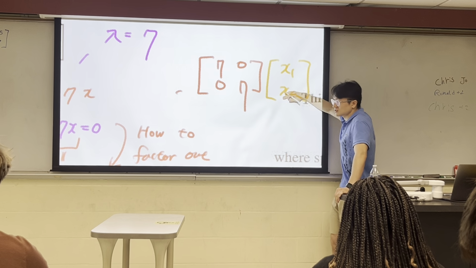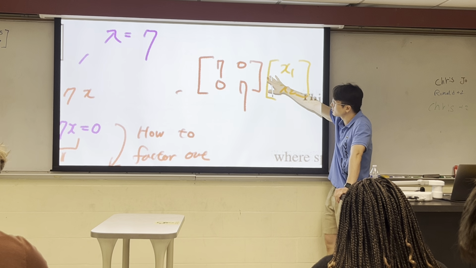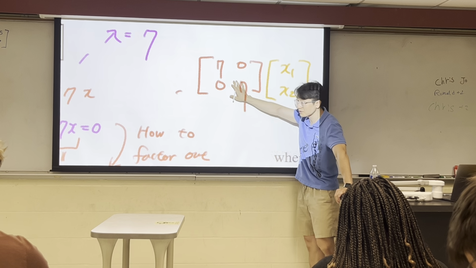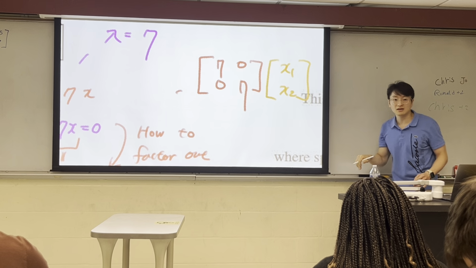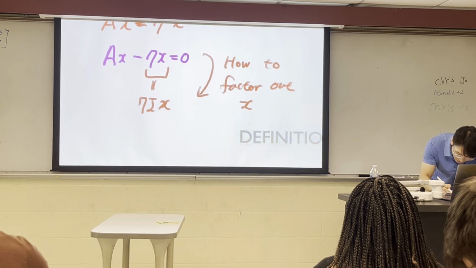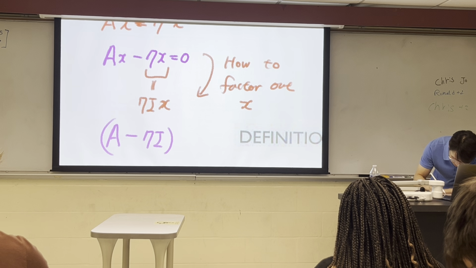So you have x1, x2, a vector. I multiply this by a scalar, 7, and that is equal to multiplying x by the identity matrix scaled by 7. Makes sense? So essentially what I'm going to do is A minus 7I, multiplied by x.